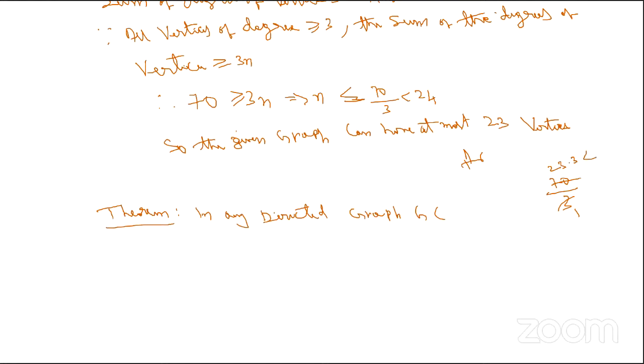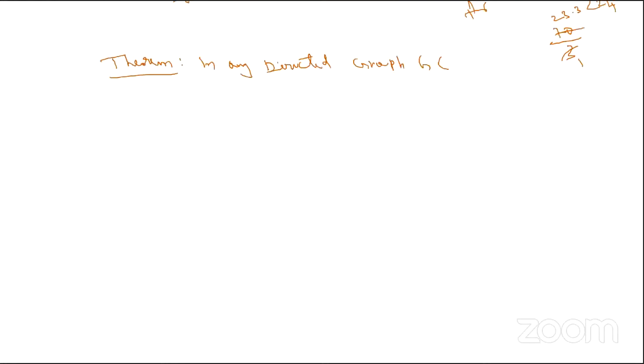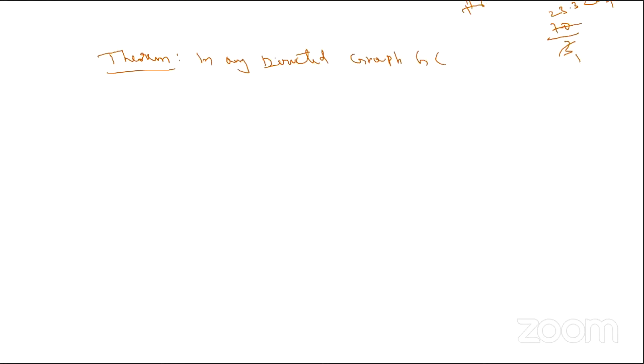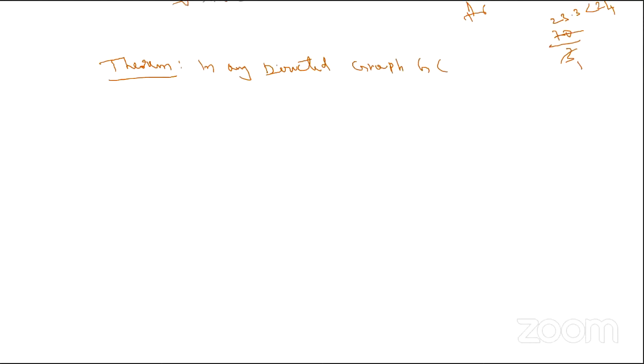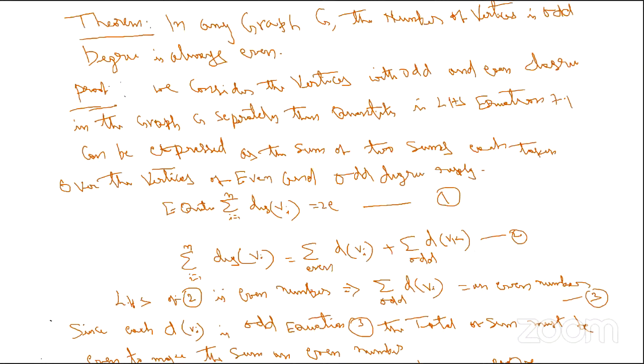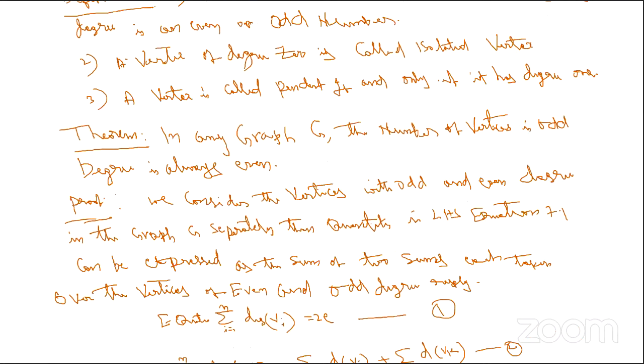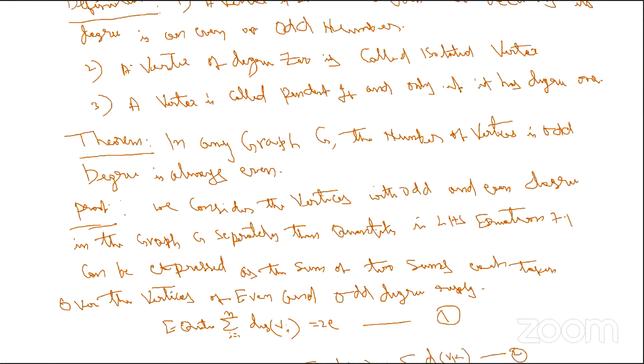The given graph can have at most 23, and we won't take the fraction. The 70 is given in the question: 2 into 35.